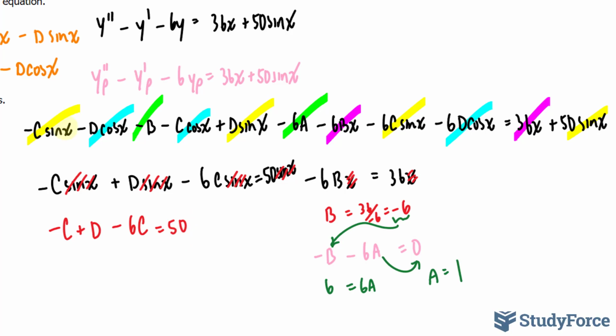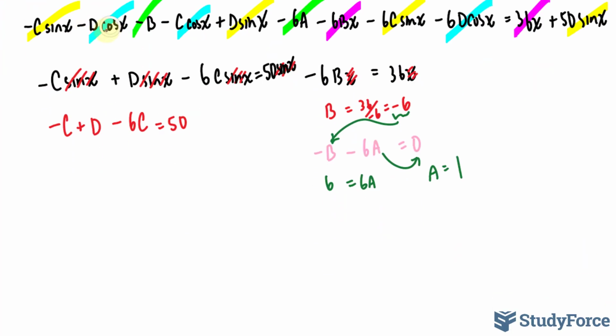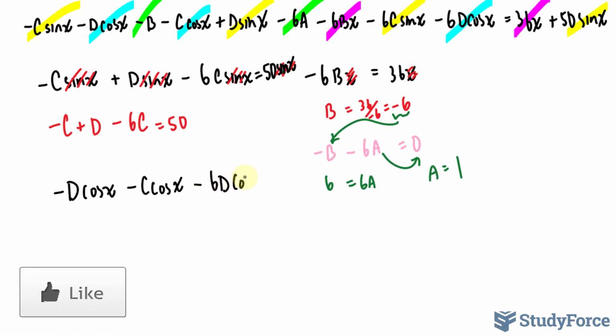For that, I'll relate the terms that are in this color. We have negative d cosine x minus c cosine x minus 6d cosine x, and that is equal to 0 because there are no like terms on the right side.